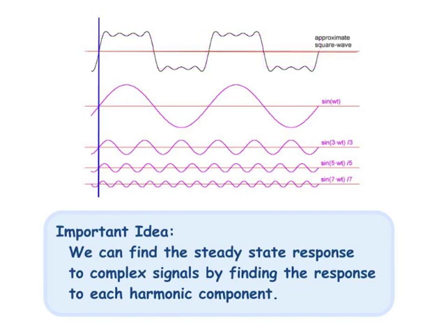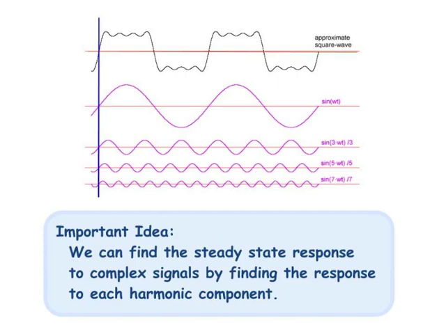With a finite number, we achieve just an approximation to the square wave, but with each additional sinusoid added, we'll get closer and closer to the square wave. At the top of the page, you can see the approximate square wave created by the first 7 harmonics.